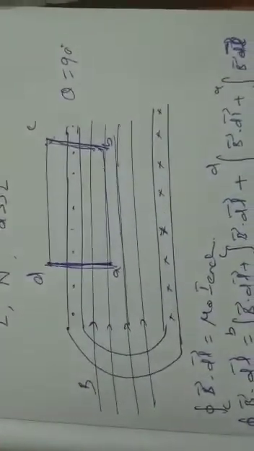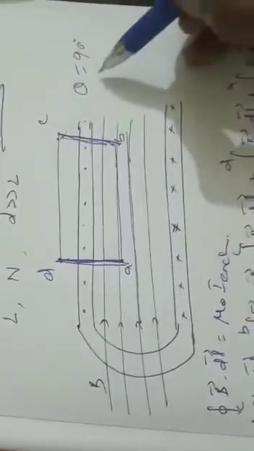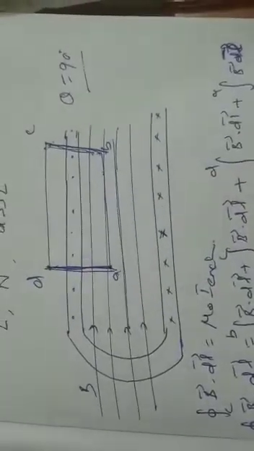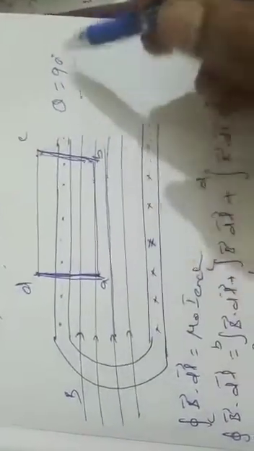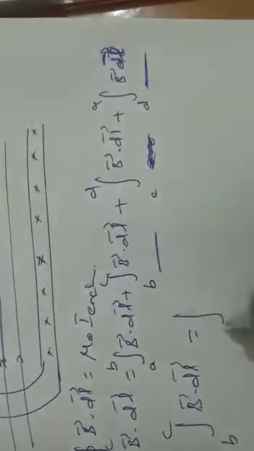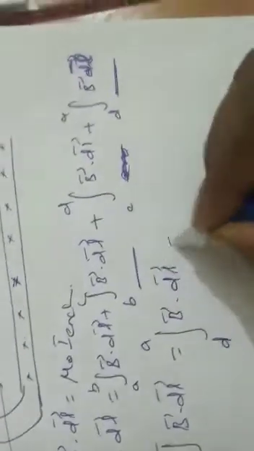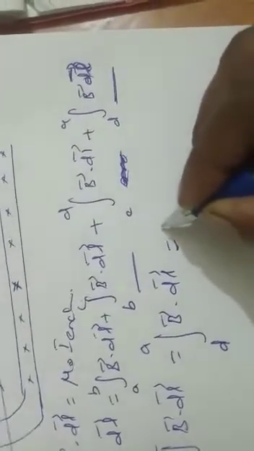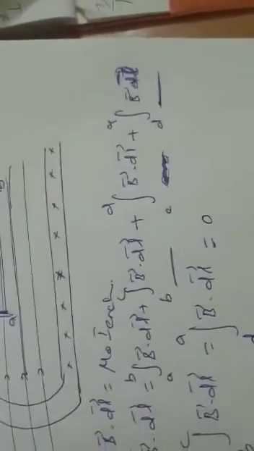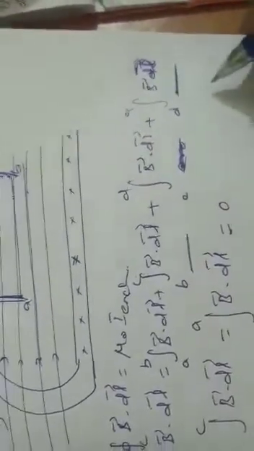So the magnetic field makes an angle theta equal to 90 degrees with the length element. So the integral of B vector dot dl vector along BC and along DA will be equal to 0, because cos 90 becomes 0.